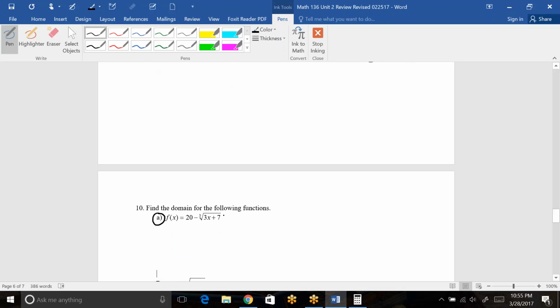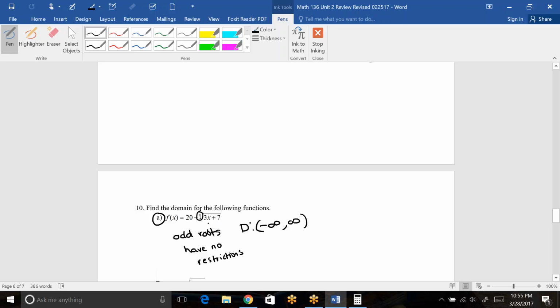If you have a square root, you have to keep the inside positive or 0 so that it doesn't go imaginary. This is an odd root. Odd roots have no restrictions. So if it's an odd root, your domain is just everything. So the domain of this one is negative infinity to infinity.